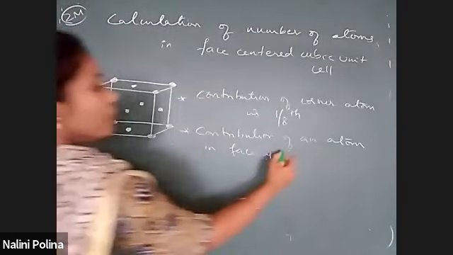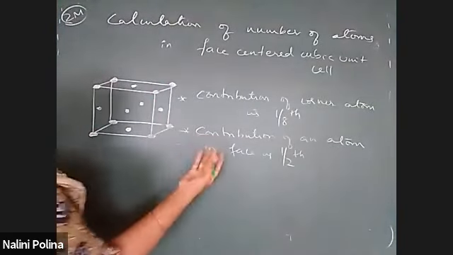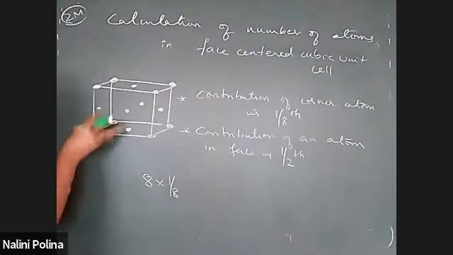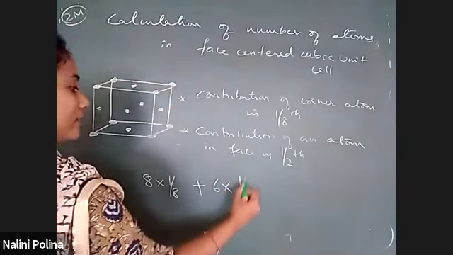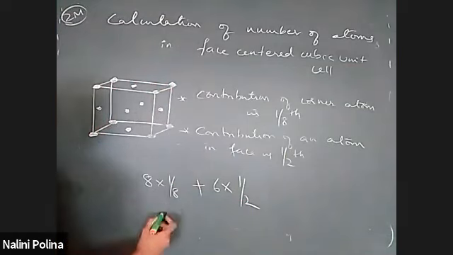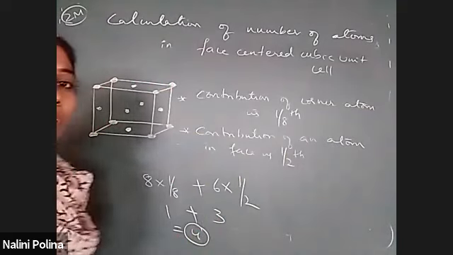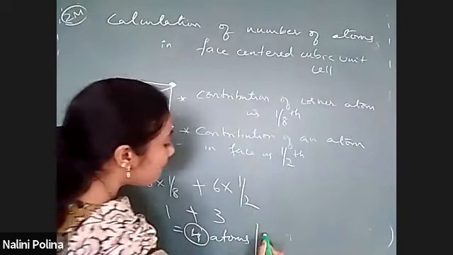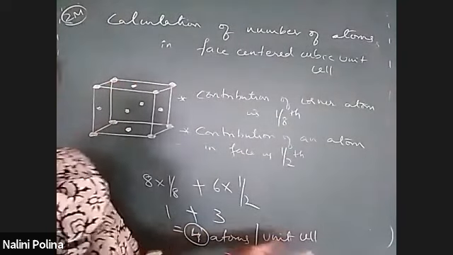Okay, so just half of the atom belongs to 1 unit cell, right? So now how many corners are there? 8 corners are there, but 1/8 of the atom belongs to that cube. Plus how many faces are there? 6 are there, but half of the atom only belongs to one particular unit cell. So it is 1 plus 3, right? So altogether you will have 4. So it is 4 atoms. 4 atoms are present per face centered cubic unit cell.